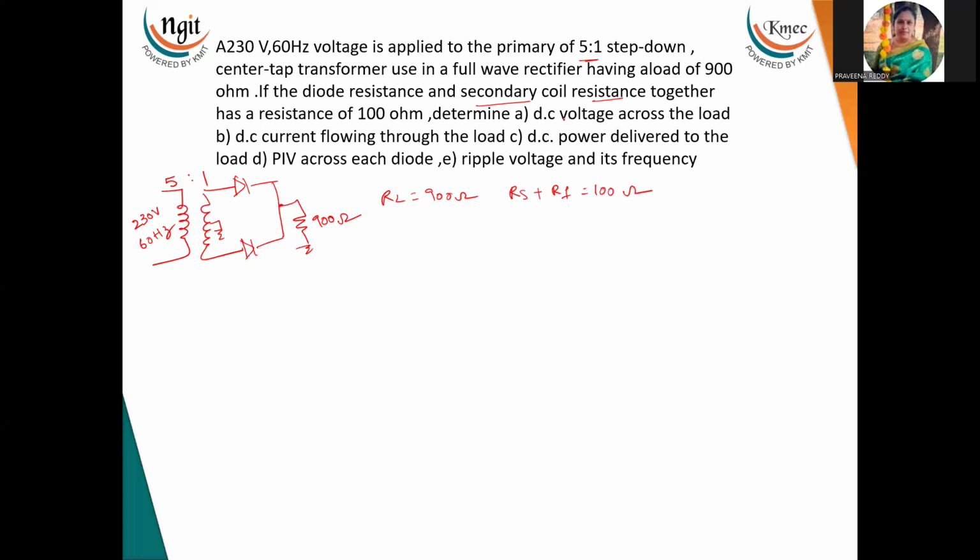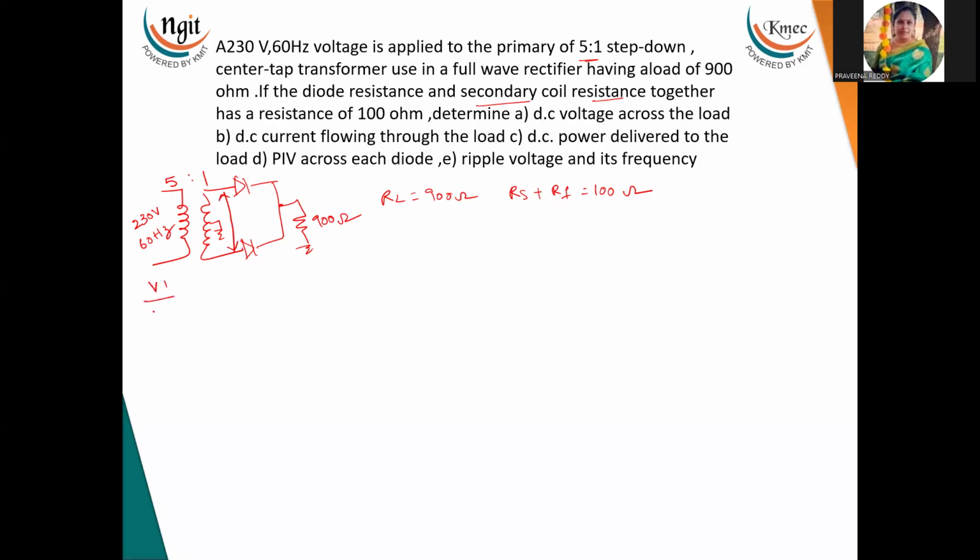Now from this, we need to determine the DC voltage across the load, DC current flowing through the load, DC power delivered to the load, and PIV, ripple frequency, and ripple voltage. So now here the ratio is given. Now in the transformer, to calculate the secondary voltage, we are calculating by using the turns ratio.